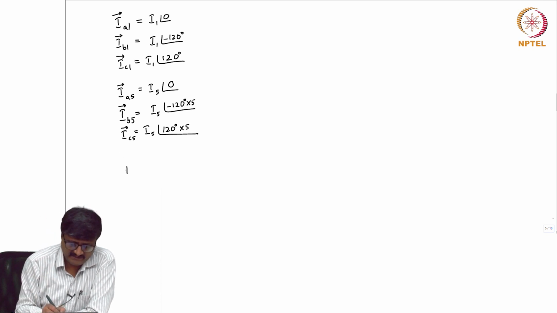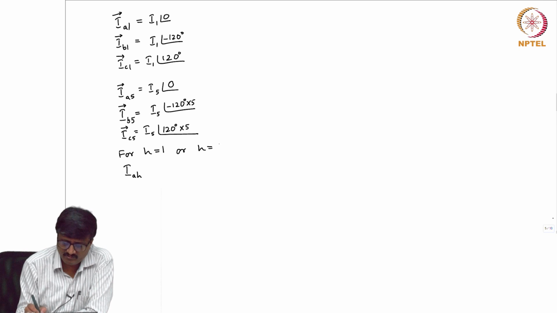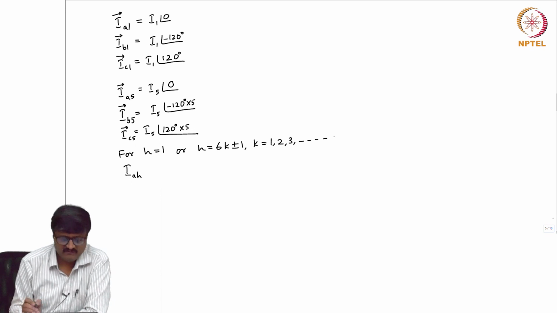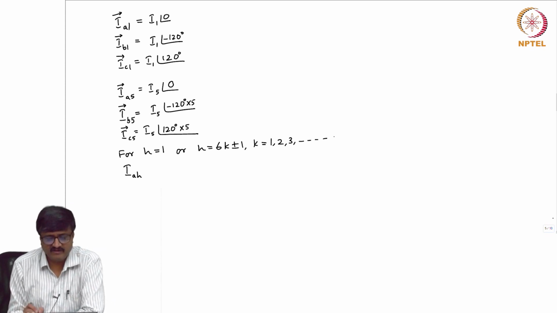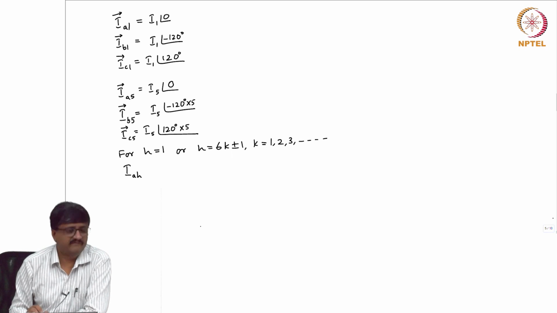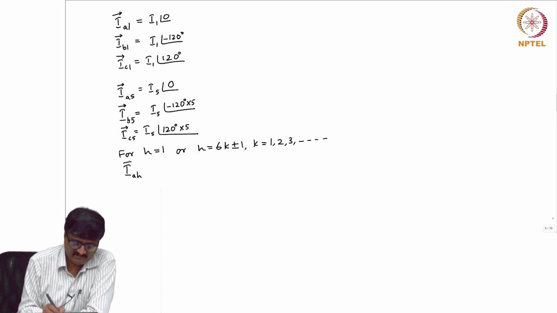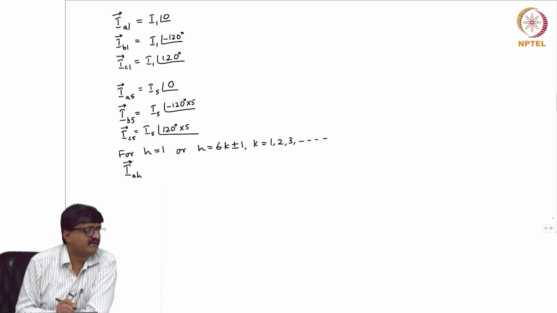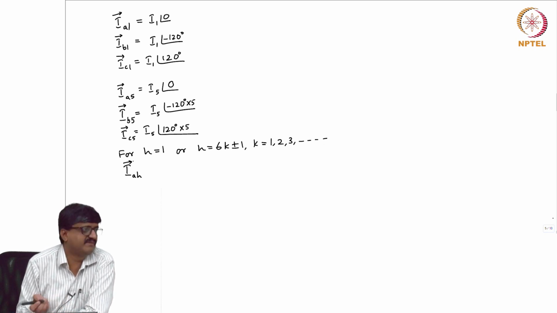For h equal to 1 or h equal to 6k plus minus 1, for harmonic components as well as the fundamental, we can write a combined expression which is generally applicable for all values of h.